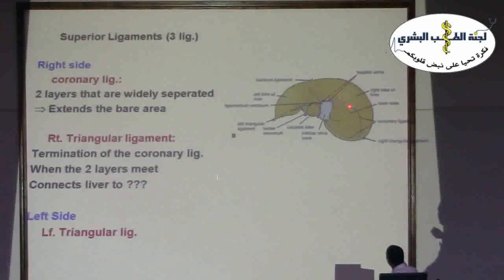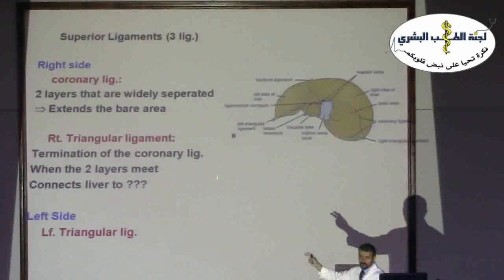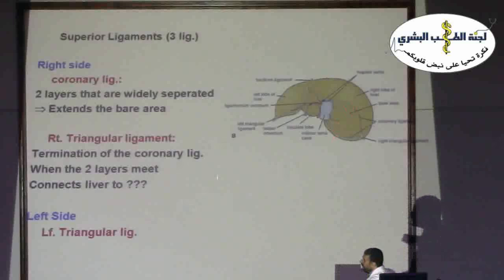The anterior right layer of peritoneum will reflect on the diaphragm, and the posterior one will reflect on the diaphragm but posteriorly this time. Those two layers are far away from each other, as they are 2 layers, I need 2 layers of visceral peritoneum to have a ligament. And look carefully, they're going far away from each other because of the presence of the bare area here. Okay?